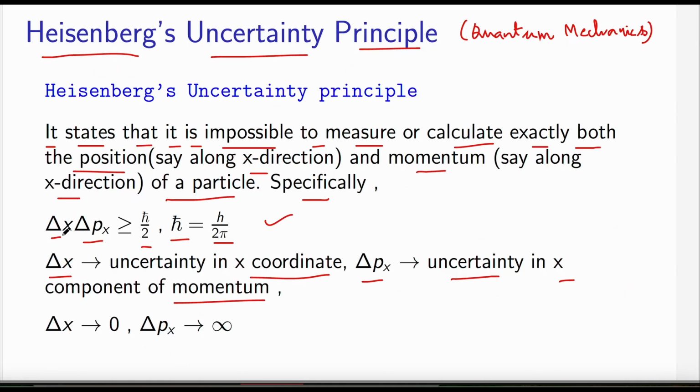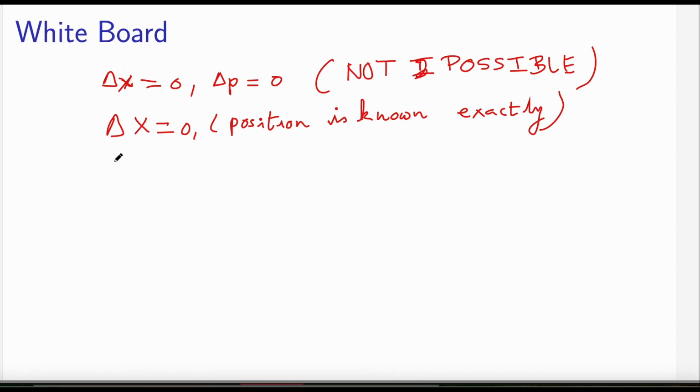If delta x is equal to 0, how do we save this relation? Then it can only mean that delta px should tend to infinity. Complete uncertainty in momentum. We have complete uncertainty in momentum.